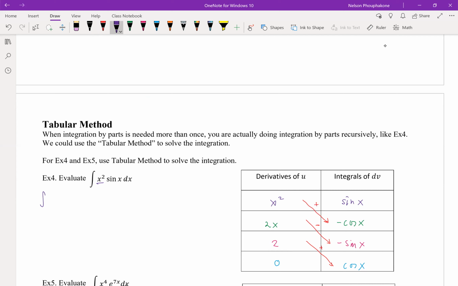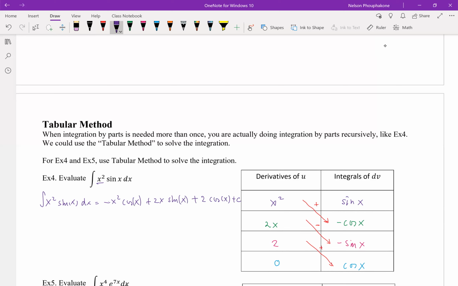Then let's see if this is the answer that we have. So the integral of x squared sine of x dx is equal to, this is plus, so I have negative x squared cosine of x, and then the next one is negative, so I will have plus 2x sine of x, and then the next one will be plus 2 cosine of x plus c.